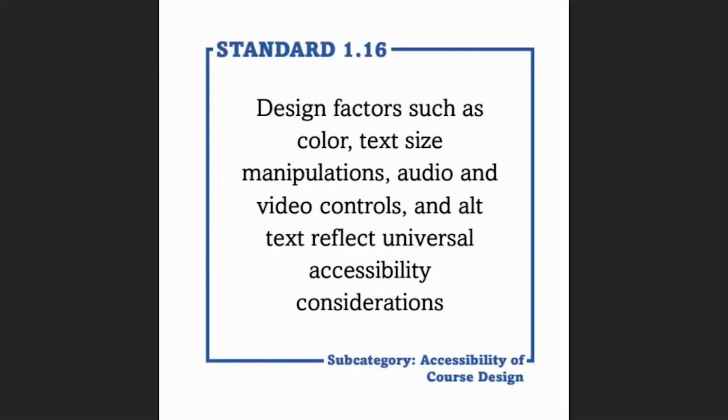1.16 also is talking about pretty much automated design factors. So 1.16 says design factors such as color, text size, manipulations, audio and video controls, and alt text reflect universal accessibility considerations.